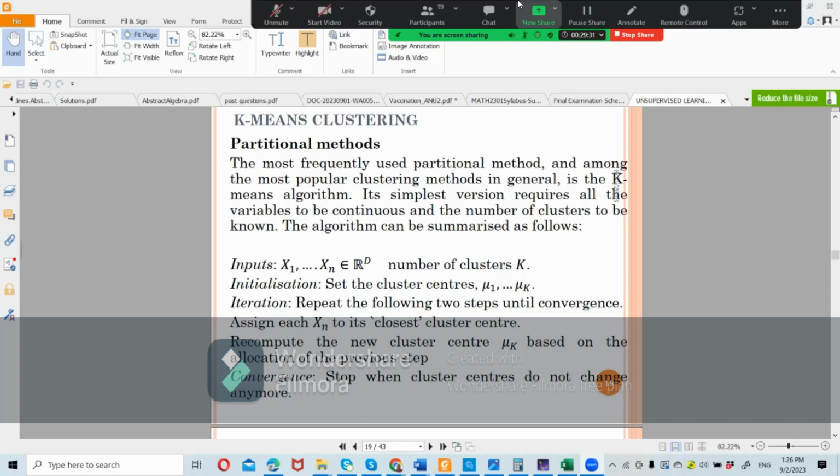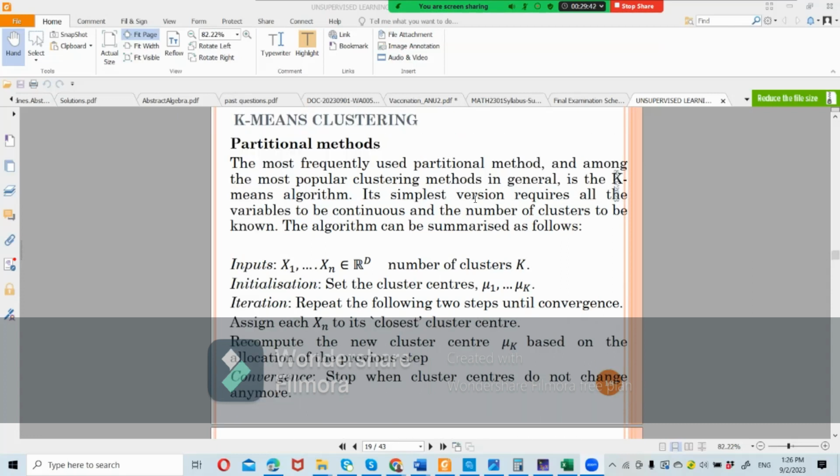One major difference is that in hierarchical clustering, in most cases you don't have predetermined clusters. But in k-means clustering, you predetermine the number of clusters you want your data set to fall into, and you assign. That is not the case in hierarchical clustering in most cases.